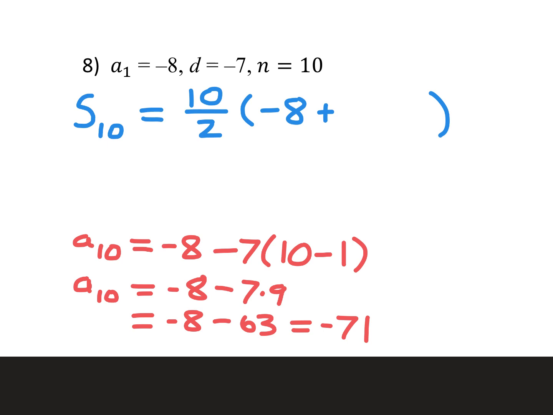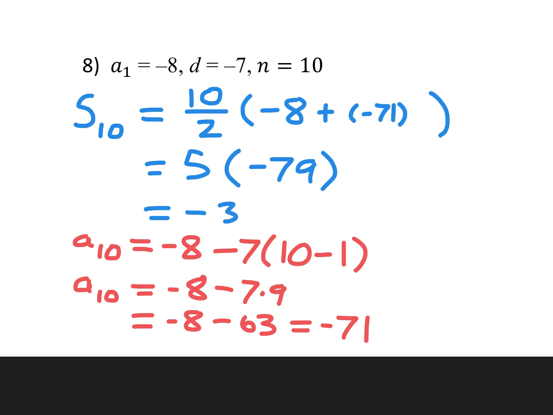All right, so negative 8 plus negative 71, this becomes 5 times negative 79. Negative 79 times 5 is pretty close to negative 400. Should be negative 395.